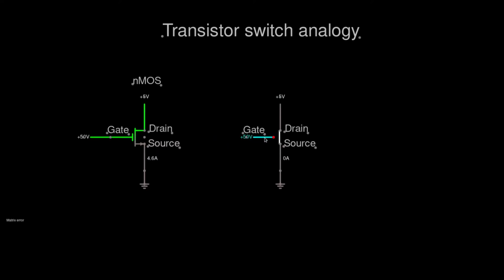So when I replace it with the switch, I would have to add a resistor, because this simulator is an ideal simulator, and this path here has no resistance, therefore it's short circuit. So I shall add a small 1 ohm resistor to simulate the circuit resistance.